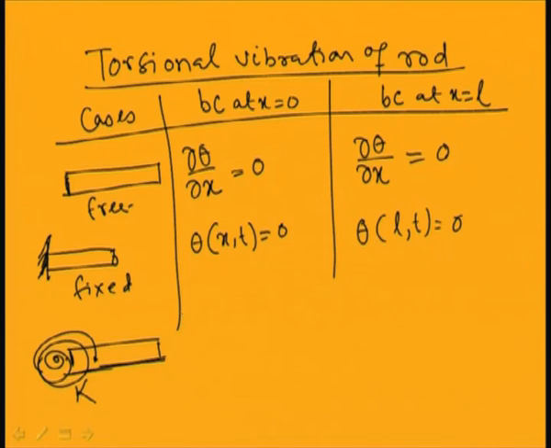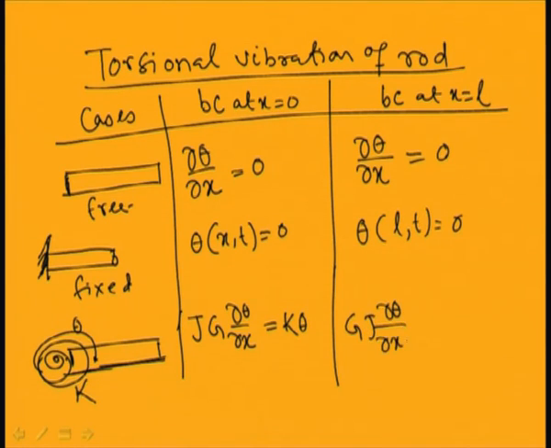The force exerted by the torsional spring will be equal to k theta, and the torque at this end due to this rotation is, as you already know, G J del theta by del x. So, G J del theta by del x will be equal to k theta. Similarly, in the right end this will be replaced by minus k theta, so G J del theta by del x will be equal to minus k theta.